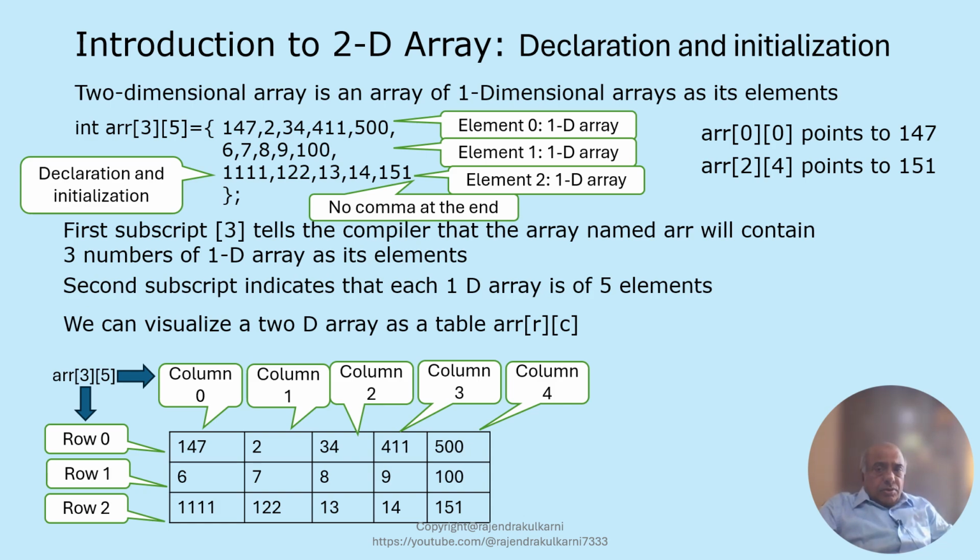ARR 24 points to 151: row 2, column 4, which is 151.